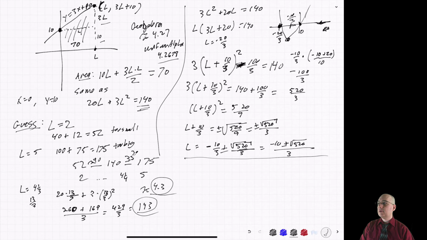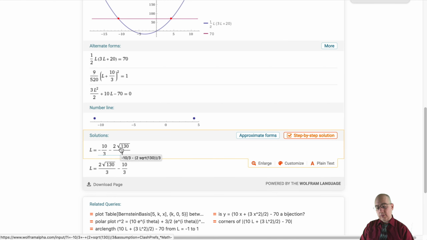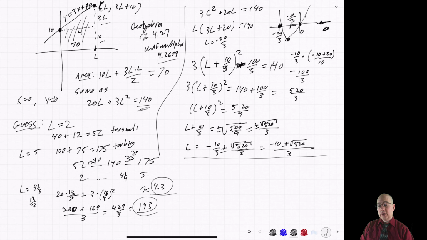Finding the midpoint of the vertex. And what is this? I'm going to guess that 520 equals 4 times 130. So the square root of 520 is equal to 2 times the square root of 130. And voila! Have the same thing as Wolfram Alpha does, right? Cool.